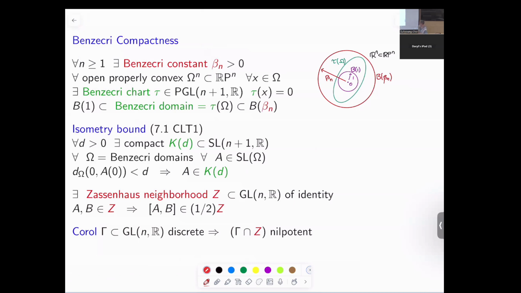A consequence of that is if you've got a discrete subgroup of GL(n, R), then the subgroup generated by the elements in this small neighborhood is a nilpotent group. The reason is that if you keep taking the commutators of elements in this discrete group, because it's discrete, you've got to hit the identity. And because iterated commutators are giving you the identity, this group of small elements is nilpotent. So in a discrete group, the subgroup generated by small elements is a nilpotent group.